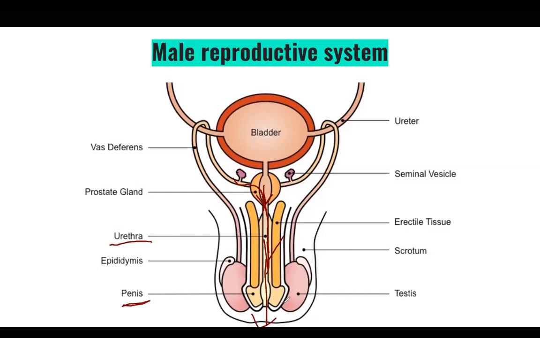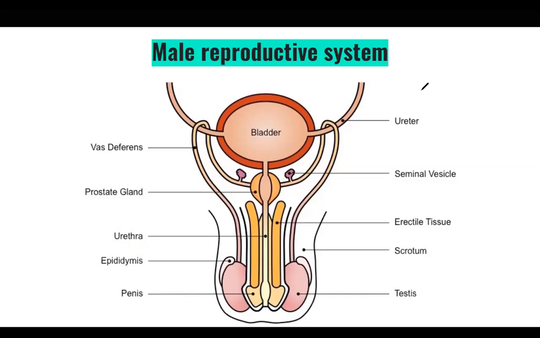The penis allows semen, or sperm, to pass out of the male body and into the body of the female. So that's the male reproductive system.